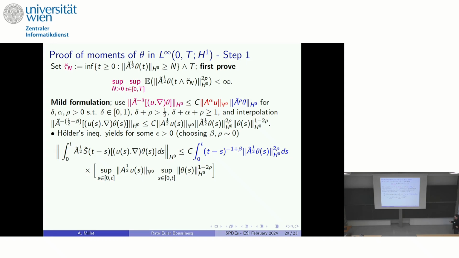So what you have put outside of the time integral is fine. And what's going on is that here you get an exponent of (t - s), a convolution with an exponent which is strictly less than 1.